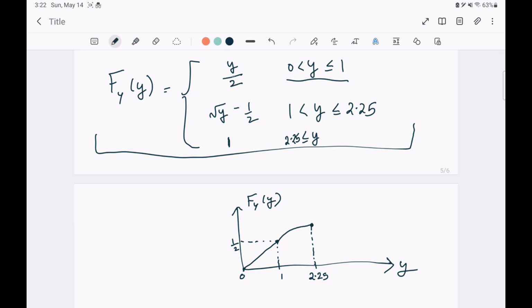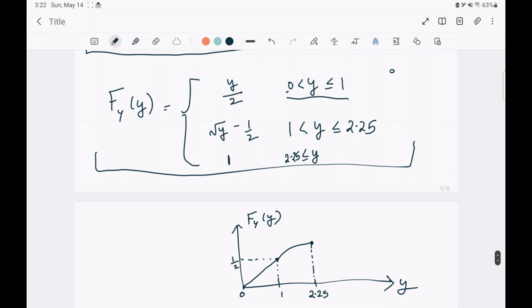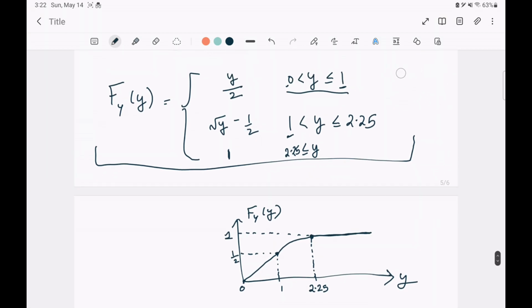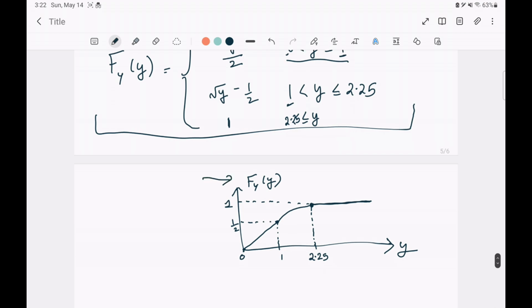At y equals 0 this was 0, at y equals 1 this was half. Similarly, this started with 1 minus half, which is half, when y was 1, and ended with 3 by 2 minus half, which is 1. So this parabola increases till the value of 1, and then it remains constant at 1. This would be the cumulative distribution function of y.